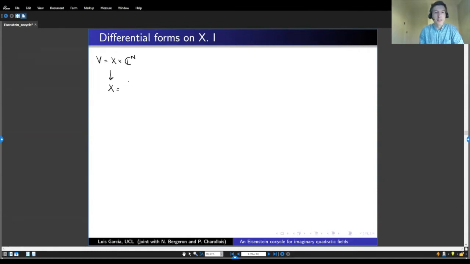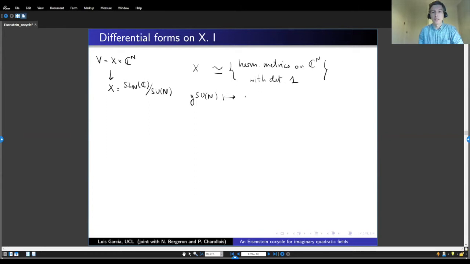And let me remind you that X is SL_n(C) divided by SU(n). So X is actually isomorphic to the space of Hermitian metrics on C^n with determinant 1. And the isomorphism just sends a coset to this matrix here that I will call H.